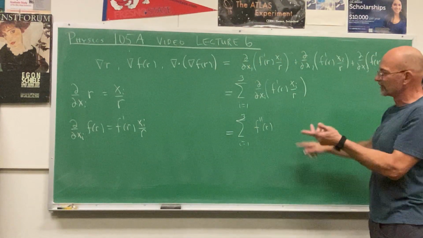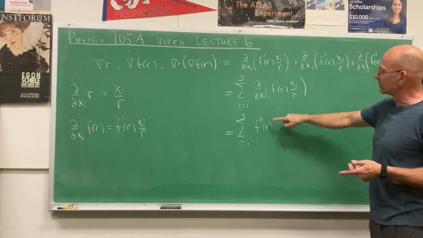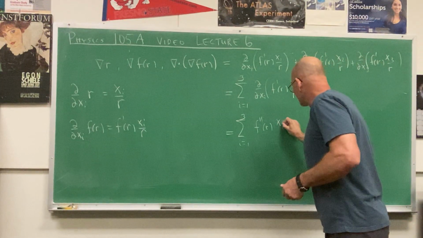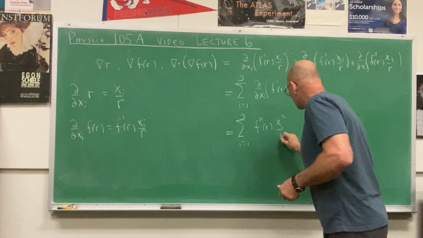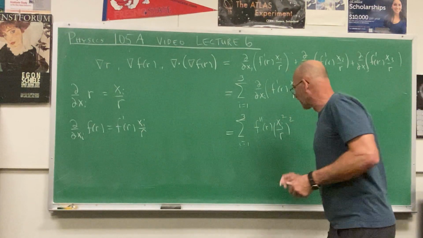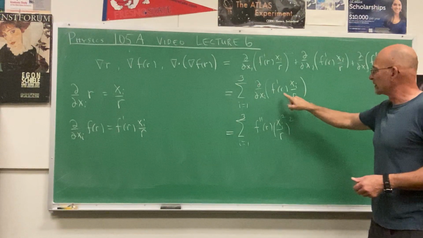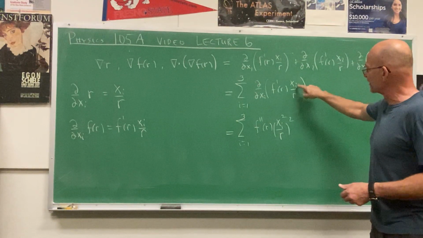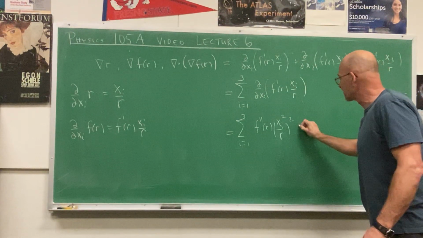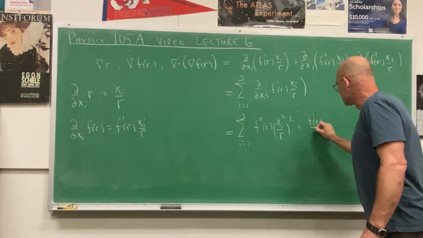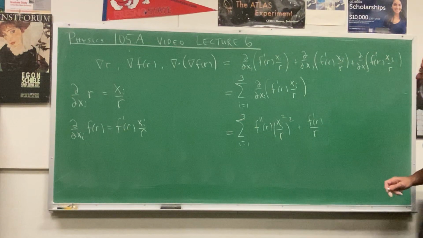Just like we did there, but we already had an f prime, so we have f double prime. x sub i over r is already there though, so it's going to be x sub i over r, the quantity squared. Then for the next one, let's hold these two constant, and we've got our x sub i, we differentiate, and we just have f prime of r divided by r.